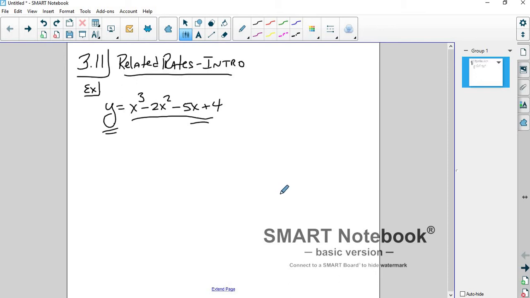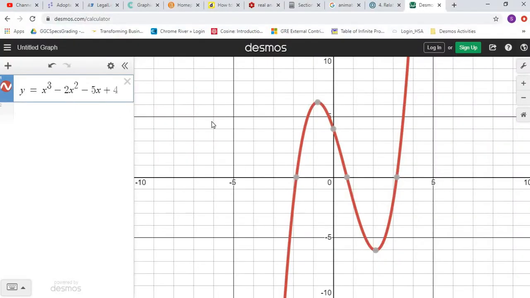So if you look at the graph of this function, y equals x cubed minus 2x squared minus 5x plus 4, it's stagnant, it's not doing anything. But if you pick a point on this graph and then as time goes along, think about this point moving along this curve. Think about this as like a road, and you can model the layout of the road with this graph, but where a car's position on the road is depends on the time of you checking.